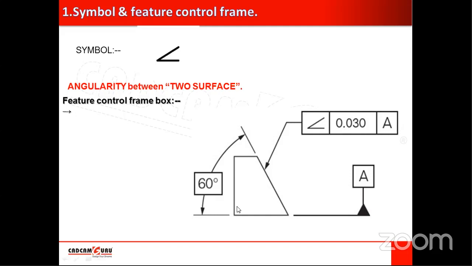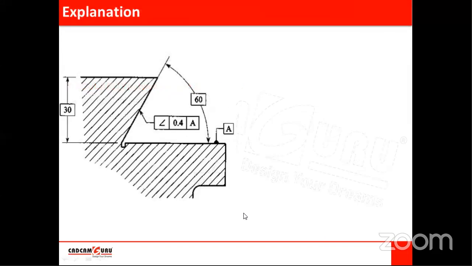Okay. So again, in a similar way, the feature control frame is attached to the surface under consideration and the datum feature. This is the datum feature. So again, we will consider the dovetail guide here, and we are talking about the angularity of this surface with respect to this datum feature A, which is a horizontal surface.